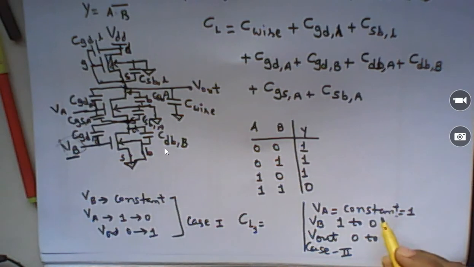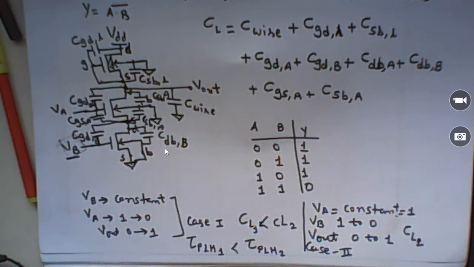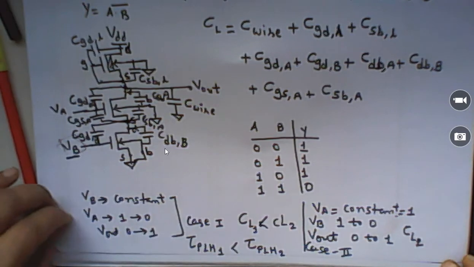So the capacitance in case 2 is greater than the capacitance in case 1. So the low-to-high propagation delay time of case 1 is less than that of case 2. I hope you understand what case 1 and case 2 are.